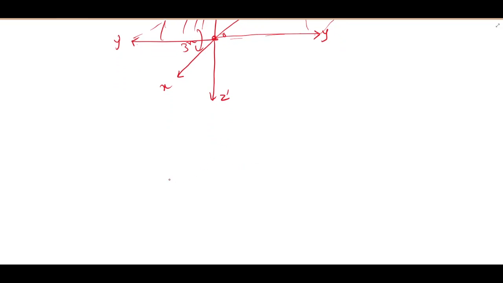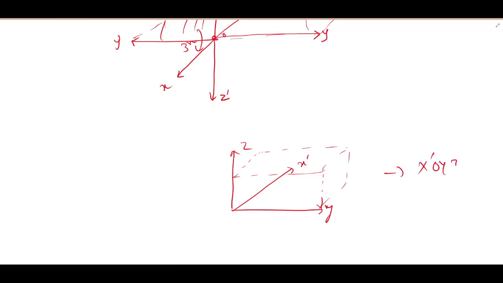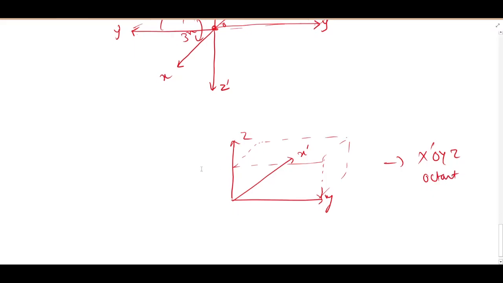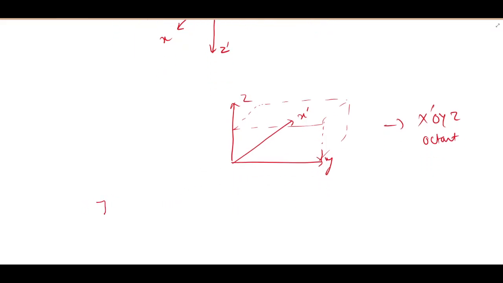If this is the positive z-axis, this is the positive y-axis, and this is the negative x-axis, so this is the x dash o y z octant. Likewise, there are a total of 8 octants.